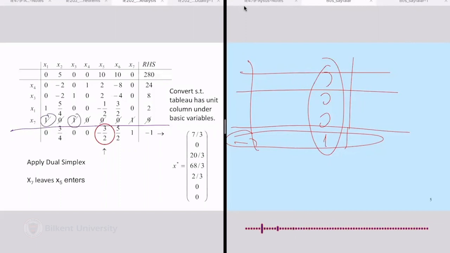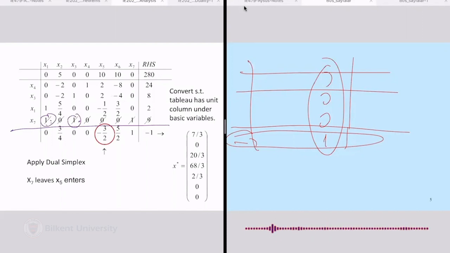I need to have a 0 in here, and a 0 in there because those are my basic variables. I'm not allowed to have non-zero entries in those columns other than the representative constraints, right? So I'm supposed to do the row operation so that this is a 0, this is a 0, so that I have a legitimate table.